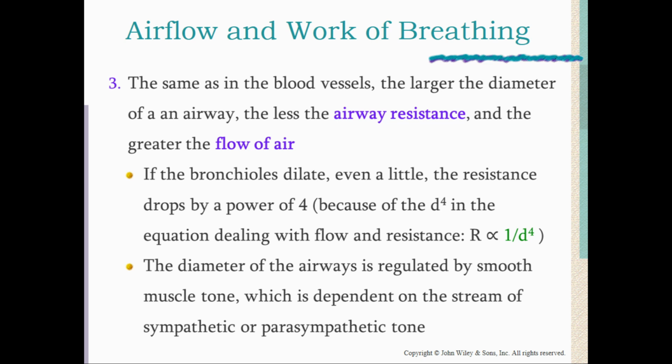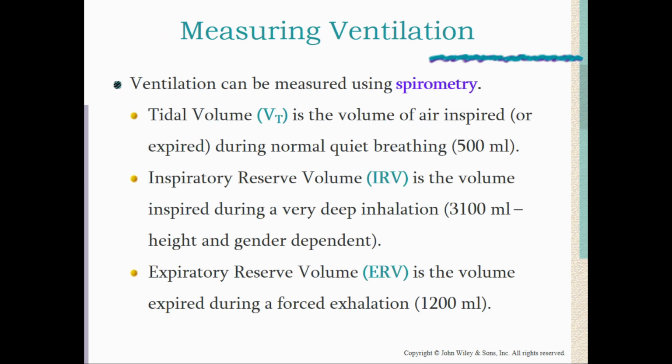The diameter of the airway is regulated by smooth muscle tone, which is dependent on the stream of sympathetic or parasympathetic tone. And of course, sympathetic is what you control, and parasympathetic is what is controlled by your subconscious, the autonomic component of your nervous system, what is not under your conscious control.